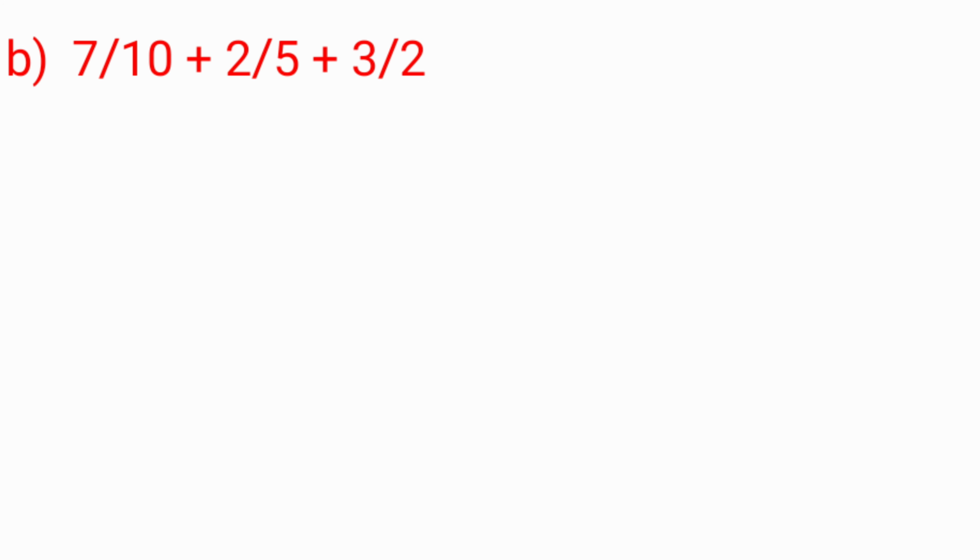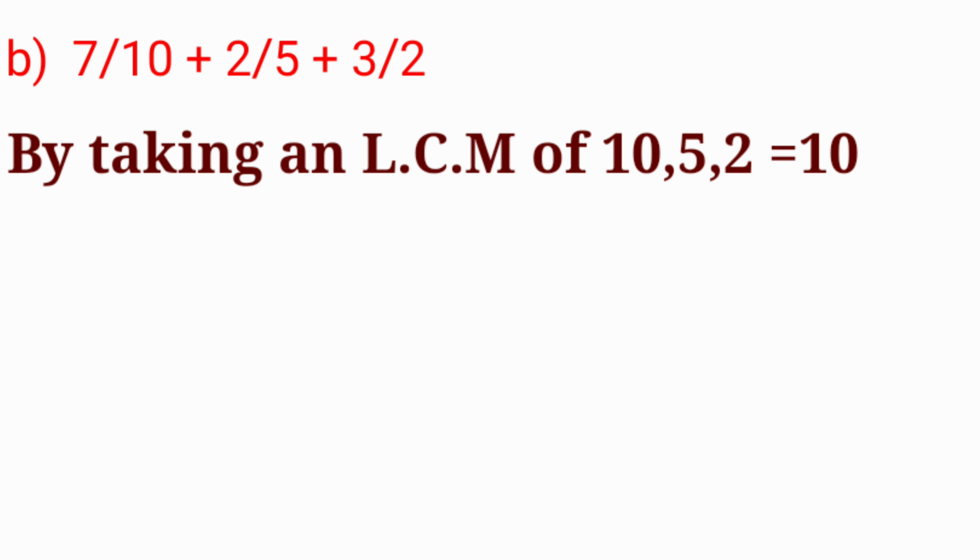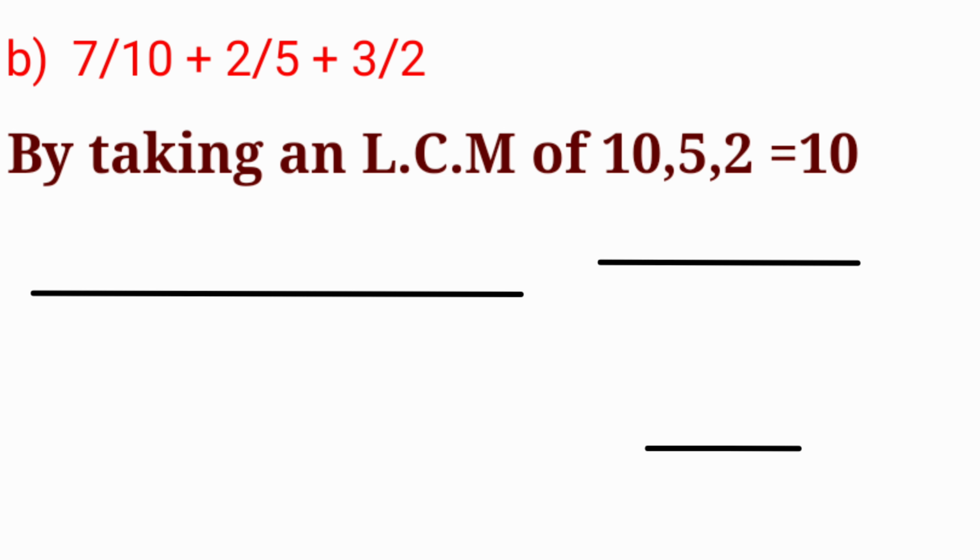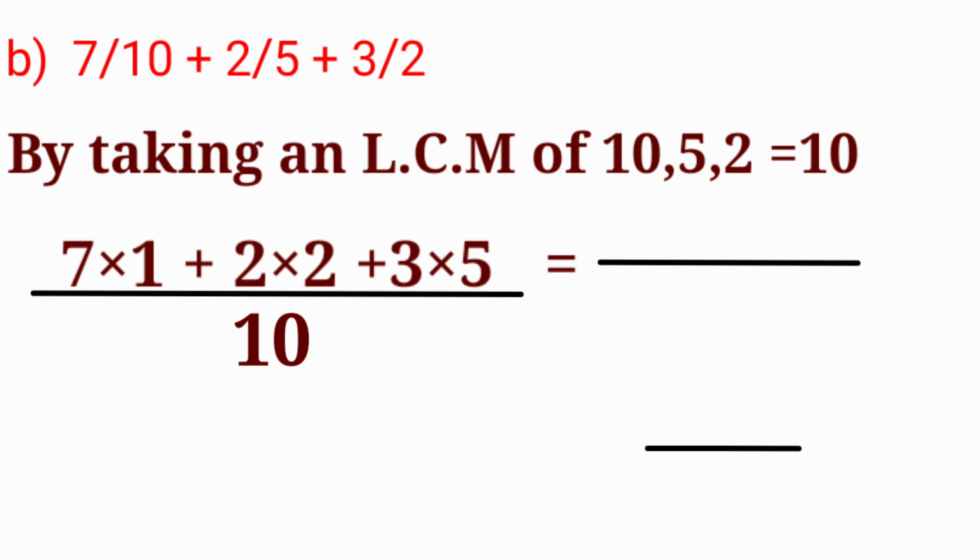Whenever we have a number of terms in any equation, the method will remain same. It means to make the denominator same by taking an LCM. So take the LCM of 10, 5 and 2, which is equal to 10. Now 10 will be the denominator for all the terms. Now 10 ones are 10, so 7 multiply 1 plus 5 2s are 10.